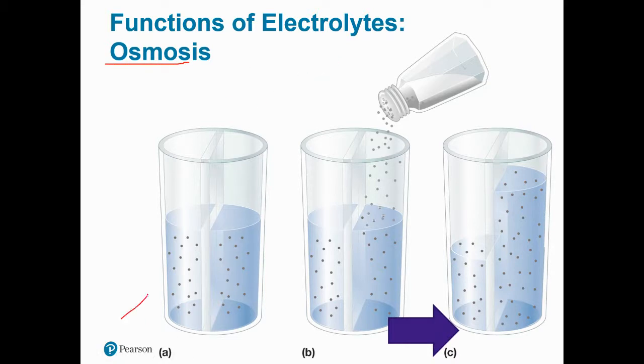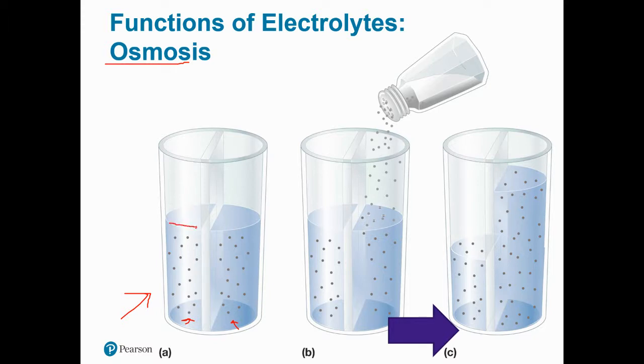In the first image, we're not going to count all these dots, but let's assume these dots are electrolytes, or they could even be proteins. But for our purposes today, let's call them electrolytes, these substances in the water. It looks like on the left and the right, we have an equal amount of substance in the water.